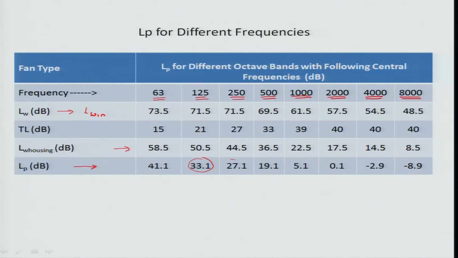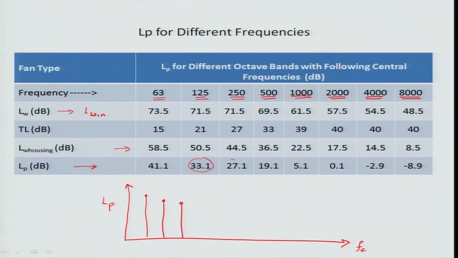Okay. So what I can also do, I can make a plot. Central frequency, LP, and this is 41.1, then this is 33.3, then this is 27.9, 19.1, 5.1, 0.1, -3 and -9.